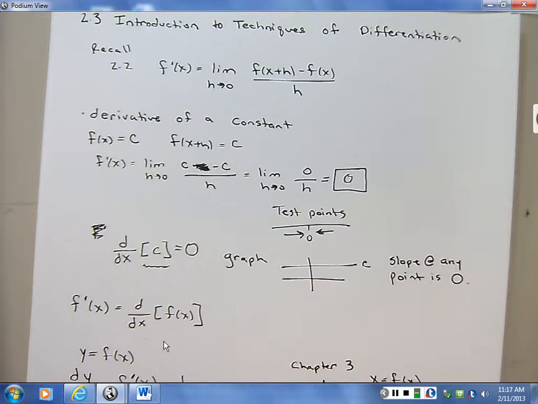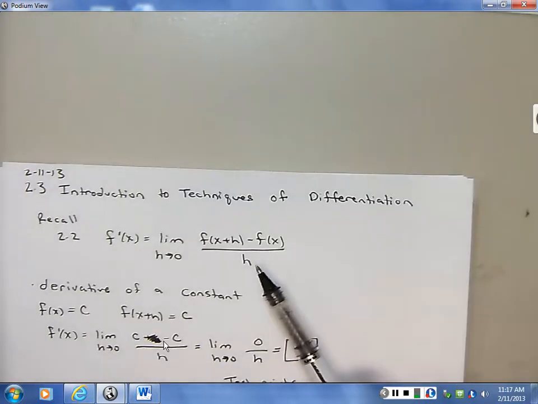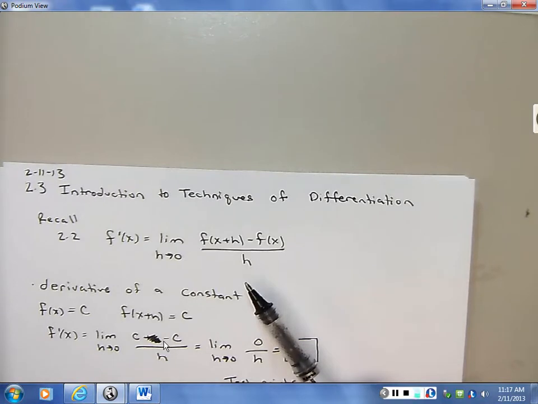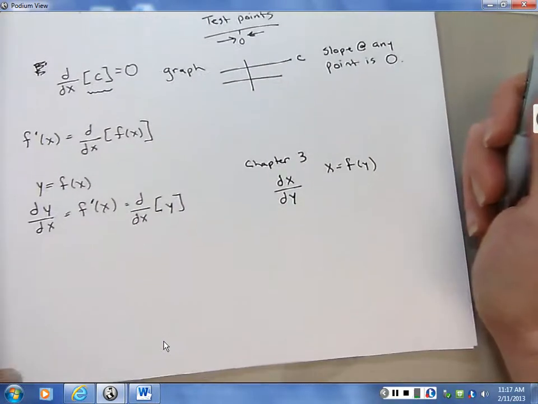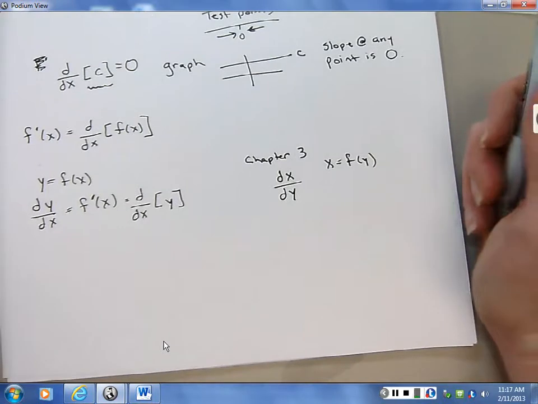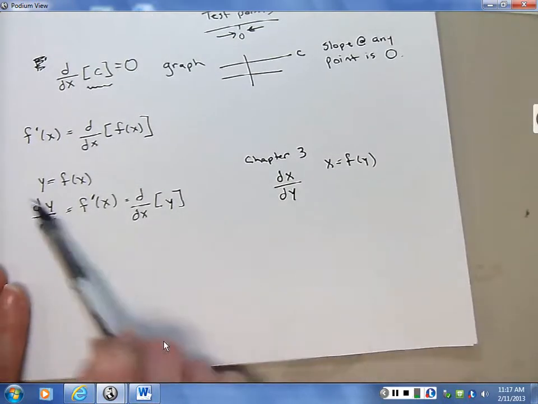So if I plug a point into the derivative, it will give me the slope at that point of the original function. We can find that by definition by doing this to find the equation. And then once I have the equation, I can plug in any point, and that will give me the slope at that point. And then I can find the equation of the tangent line using point and slope. But that's always a good thing to be asking yourself: what does this mean? So these are all different notations for the derivatives.